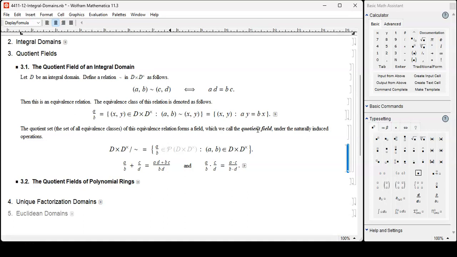This thing is called the quotient set, but if you induce the algebraic operations from the previous structure, the integral domain D, addition and multiplication, it turns out that it satisfies all those properties of the integral domain. And this fraction construction yielded the multiplicative inverse as well, so we end up with a field.